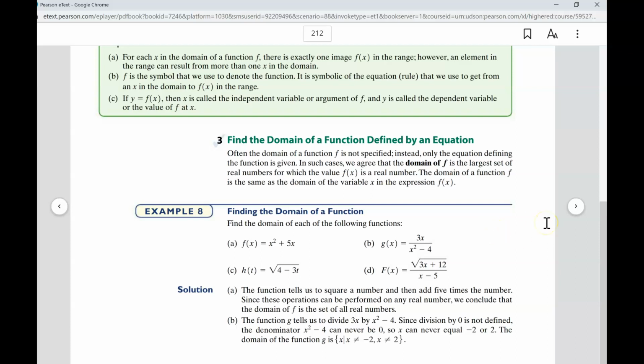And all of those values that you can put in for x are in the domain. But if you put a value in for x and it results in a value for y that's not real, in other words, imaginary or something that's not defined as a real number, then it is not in the domain.